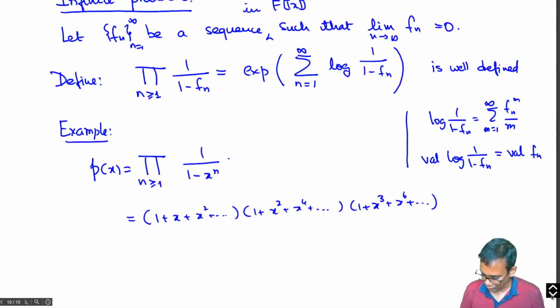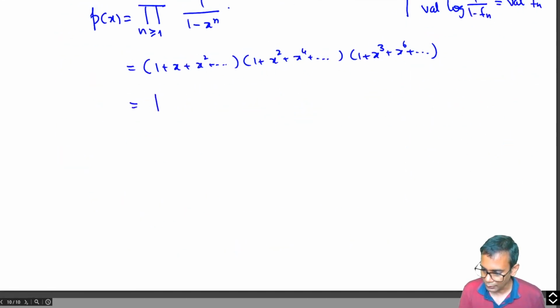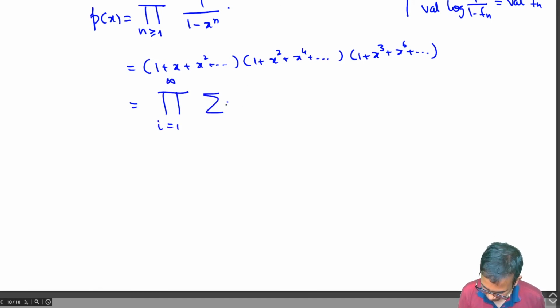Or if you wish, you can write this as product, but let's write like this first: product i goes from 1 to infinity sum mi goes from 0 to infinity x to the power i mi.